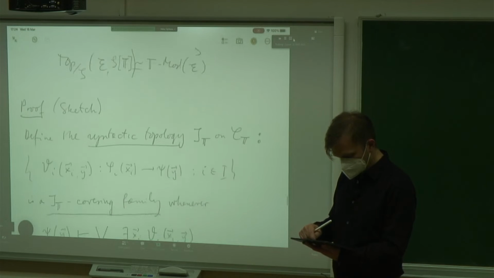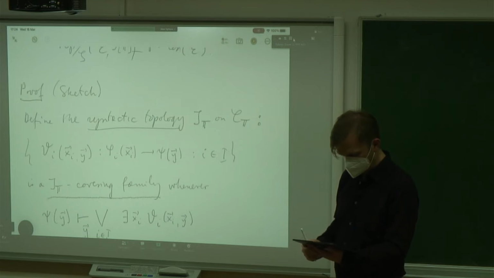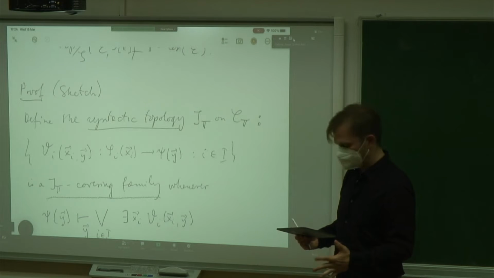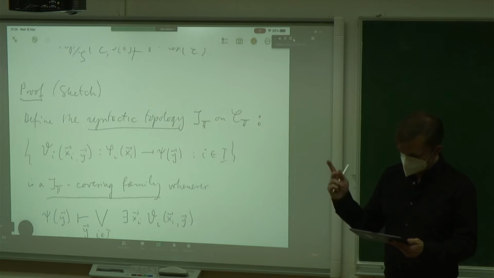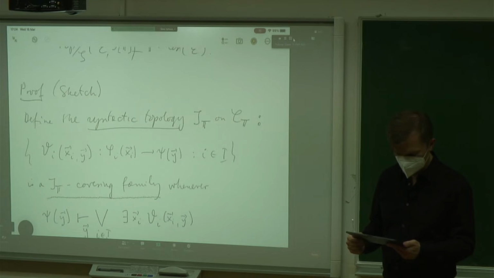All right, let me give a sketch of proof of the theorem of existence of classifying toposes. As I mentioned, it uses this syntactic category, but moreover, we must also define the syntactic topology J_T on the syntactic category.